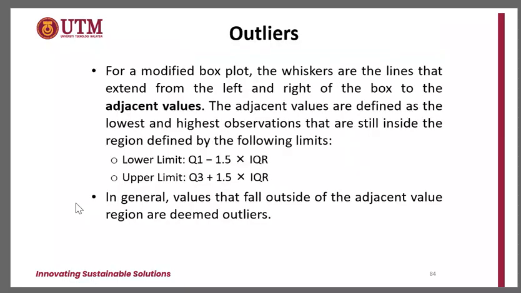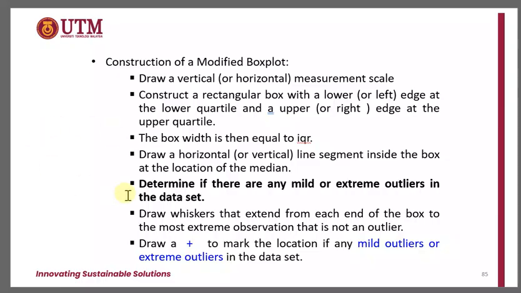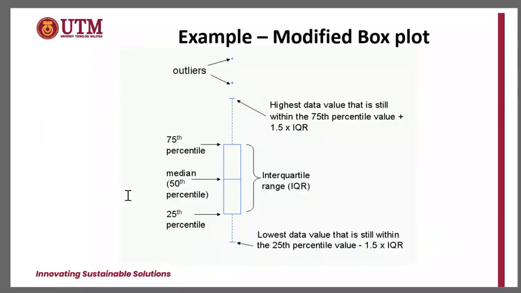Modified is the same, only we have one rule for lower and upper. Lower is Q1 minus 1.5 times the interquartile range, and upper is Q3 plus 1.5 times the interquartile range. It's the same, only use these rules to modify the box plot. So this will be the lowest number minus 1.5 IQR, here the highest number plus 1.5 IQR.